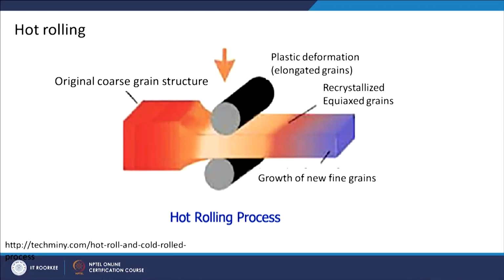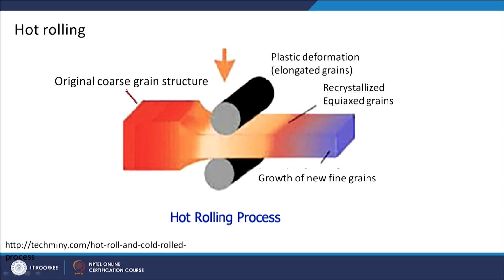Basically, when you impose a strain there is going to be a reduction in the cross sectional area, and then a lot of microstructural changes are going to happen. As you can see here, the original material had some coarse grain structure.